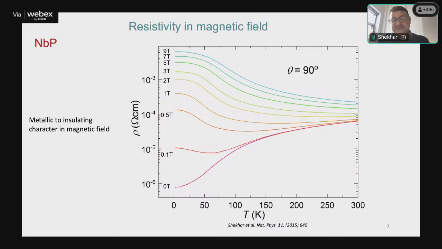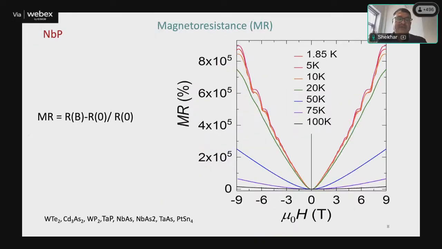By measuring the resistance, we can see how it changes in the presence of a magnetic field. Previously we fixed the field, but here we fix the temperature. The red one is 1.85 Kelvin, which is shown here. The resistance varies almost linearly with the field.